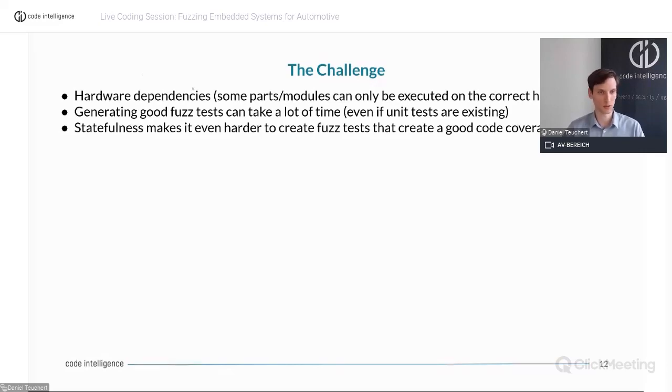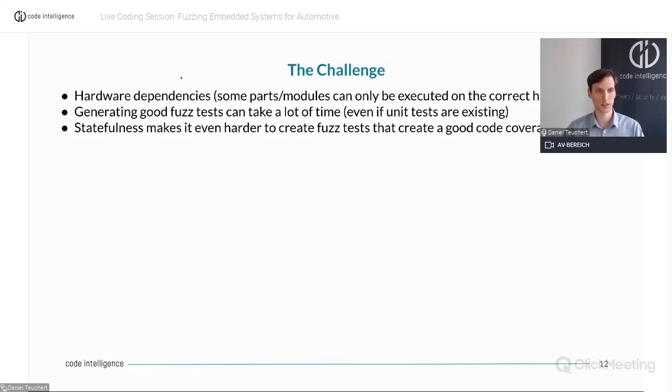When we want to test our software, we cannot compile these hardware dependencies on our test machine, because our test machines usually need to be very strong machines that can execute our software very fast, and we cannot test on the actual hardware. So this was one problem.